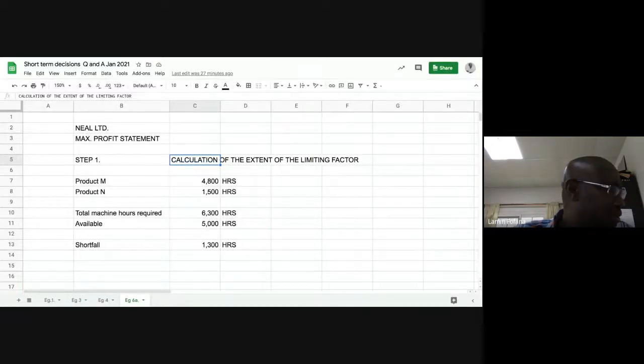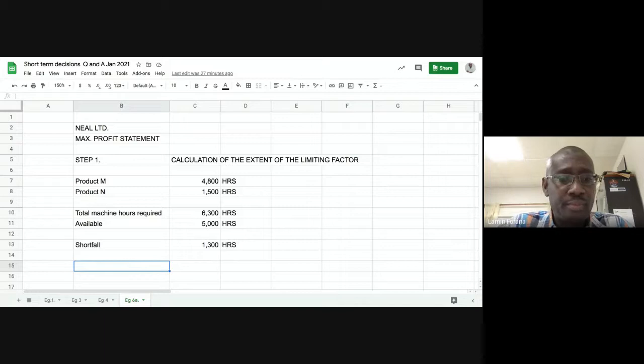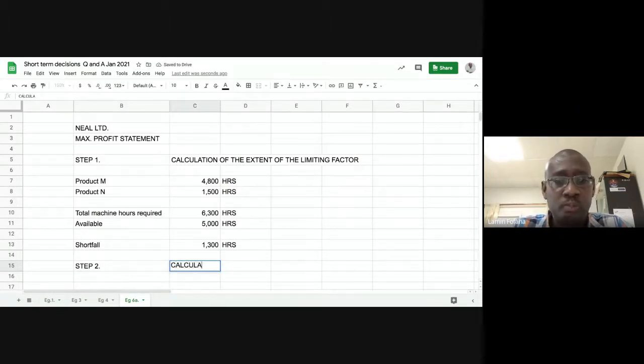The next step we're going to do is to calculate the contribution per unit. Okay, so step 2. In step 2, we're going to calculate contribution per unit.